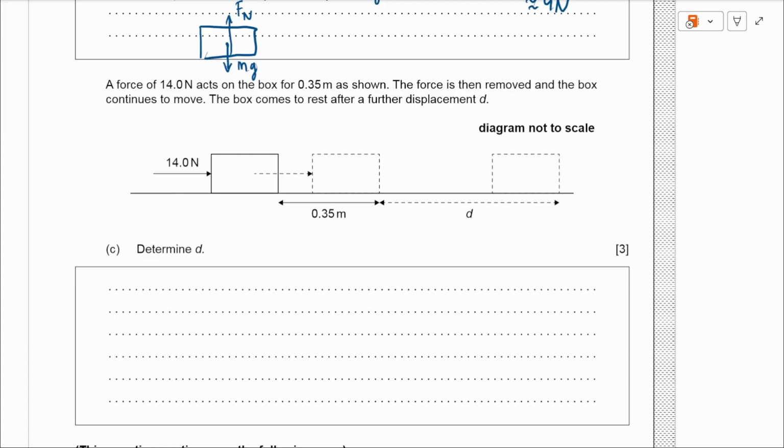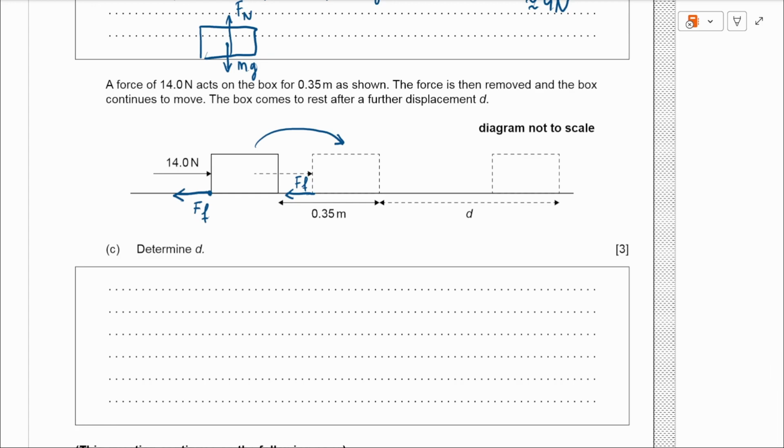So what we know is that, again, energy is conserved. Once the force has pushed the block this distance, it will have done some work. And what we need to remember here is that there's constantly a frictional force acting on the block, right? That is why the block will eventually slow down, because the frictional force will eat away from the kinetic energy that we have gained.